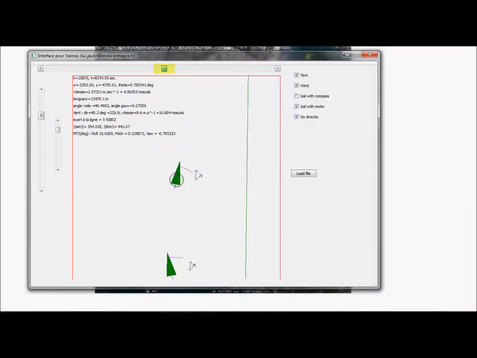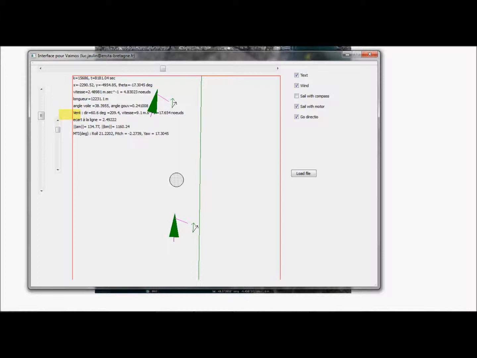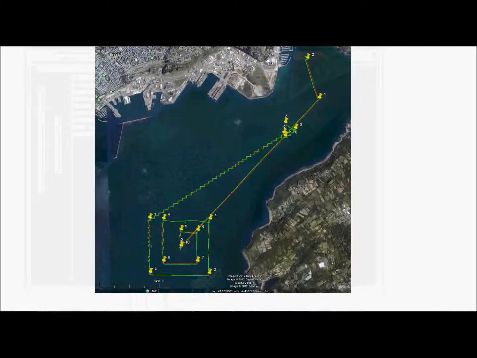Here the distance is larger. For instance, here the distance to the line is 2.49 meters. So we can see that the behavior is quite correct, but not as perfect as indicated in this picture, because when we zoom in, we can see a lot of imperfections that could be improved.